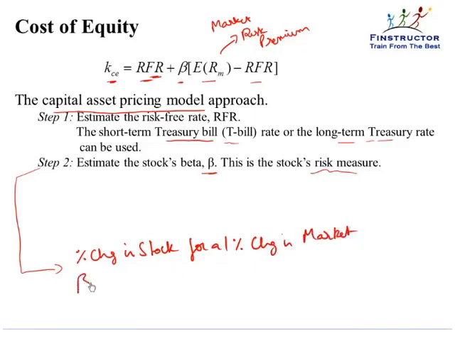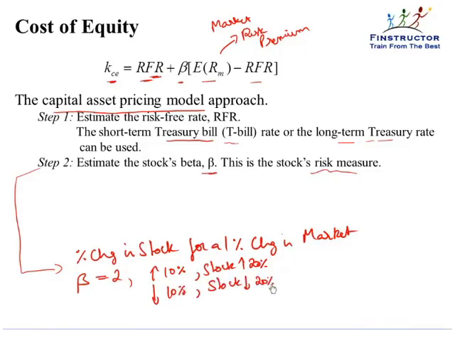So if the beta of a stock is equal to 2 units, what it means is that if the market goes up by 10%, the stock will go up by 20%. Or if the market falls by 10%, the stock will fall by 20%.